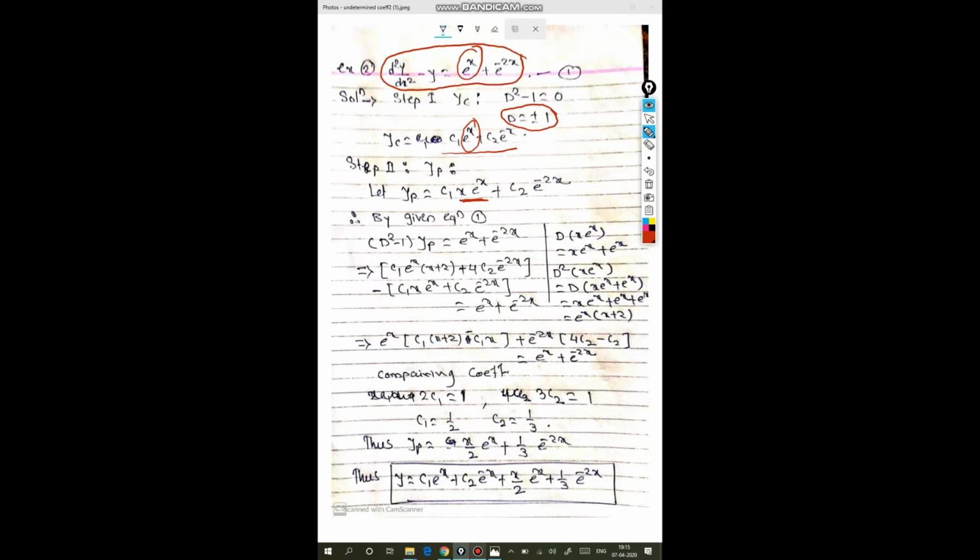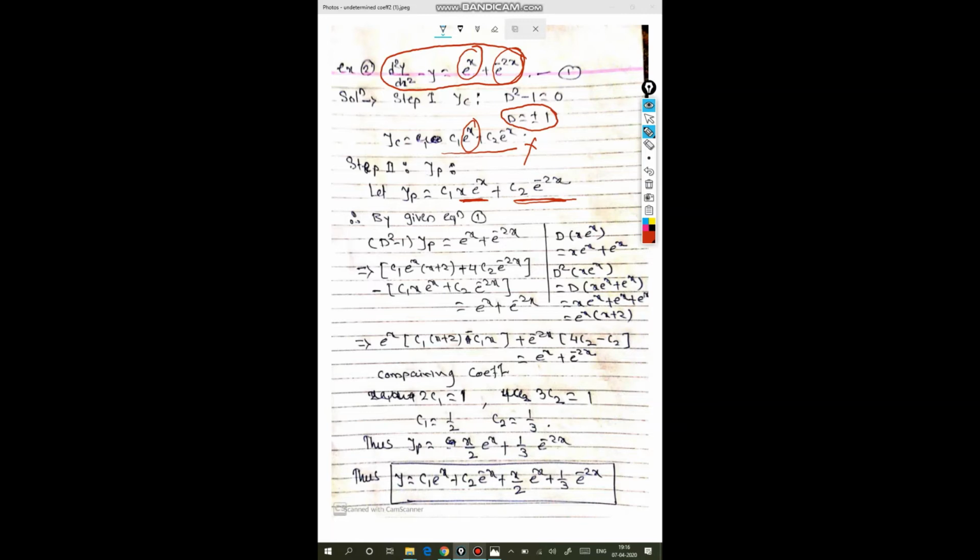So instead of assuming yp as c1 e raised to x, we take c1 x e raised to x. Okay, and next, e raised to minus 2x is not present in yc. So because of that, only c2 e raised to minus 2x is taken.